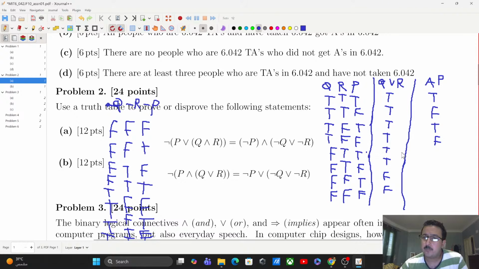Here I got true, true, false. Oh my god, this is confusing a bit. What am I have left? True, false, false. Wait, true, false, true, false, true, false, false, false.